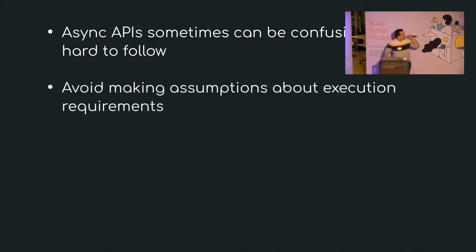So you also want to avoid making assumptions about the execution requirements of your clients. So this thing that the client needs to be on the main thread, or assuming that the client will want to call your method on the main thread, might be a problem sometimes, because maybe they want to perform that action in a background thread, or it's already in a background thread. They don't want the user to see that, and having an async API will not help with that.